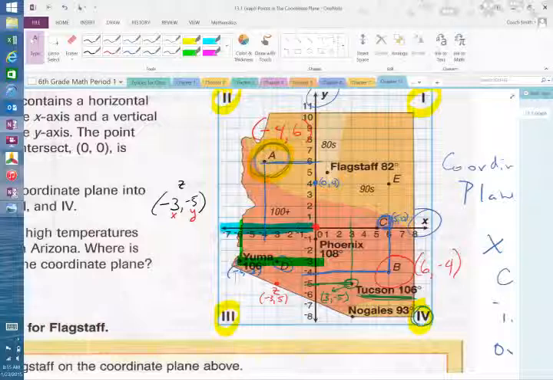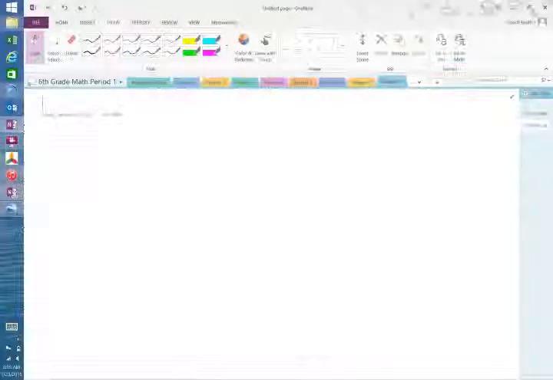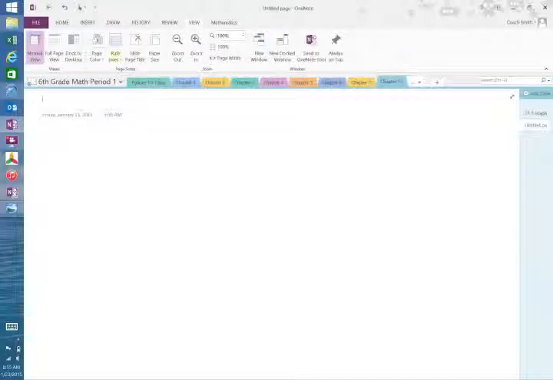Now, on page 322 at the top, you have number 24. Number 24 says point A. Point A is 1 and 5. Now, I'm going to add another page here so I can change my paper. There we go.